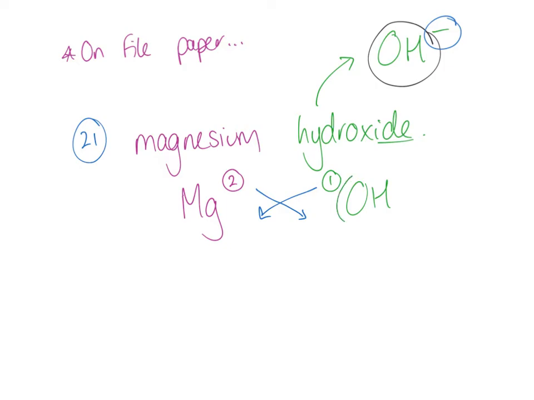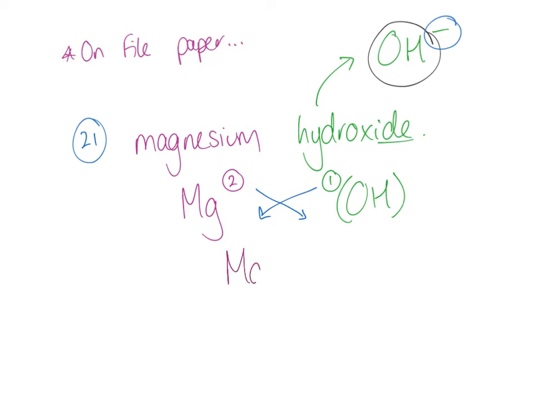I'm going to put brackets around my OH here, and make sure you don't include the valency in the brackets. Then we're ready to do our swap and drop, and remember we ignore the ones. But if you include the ones, that's fine, just remember to leave them out of your final formula.